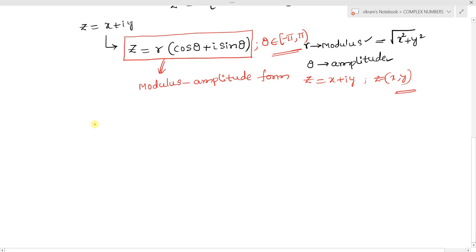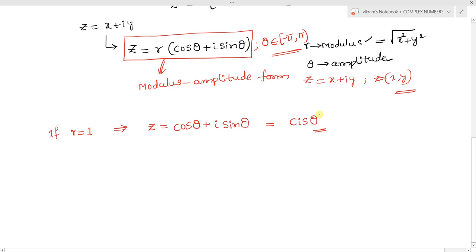If the radius, that means the modulus, equals 1, then the complex number becomes z equals cos theta plus i times sin theta, which is in general represented as cis theta.